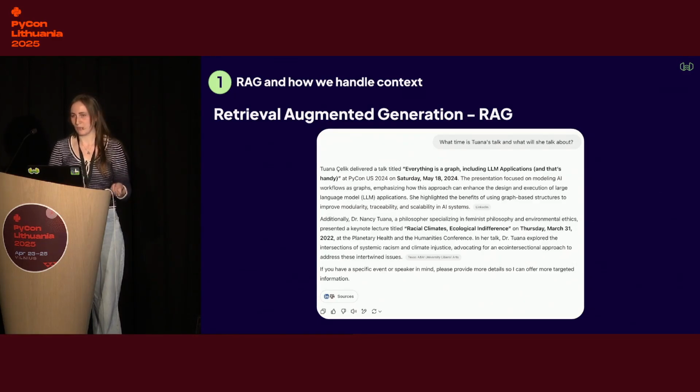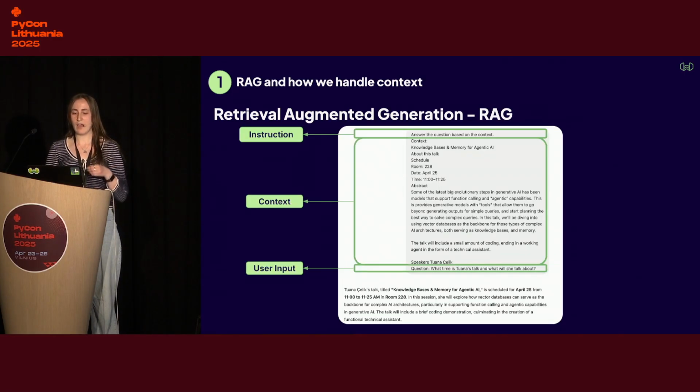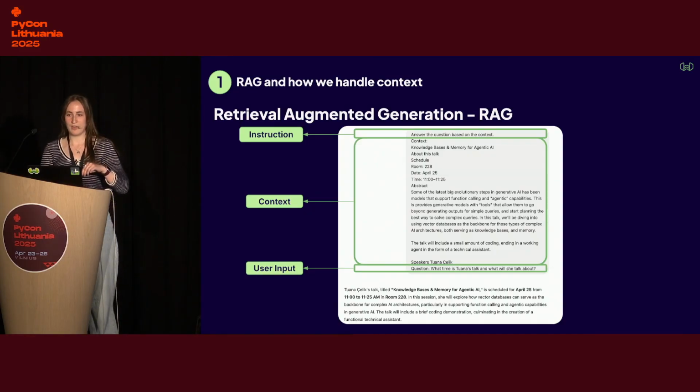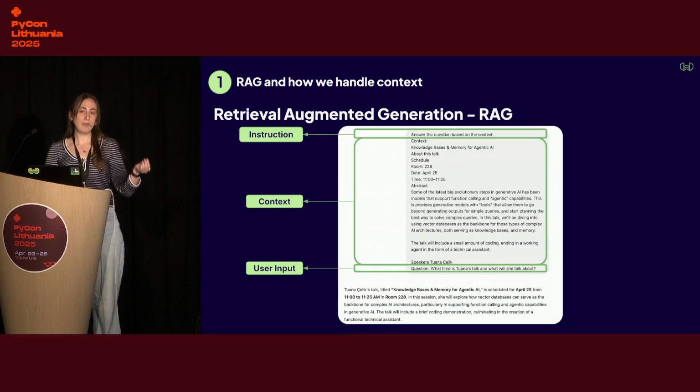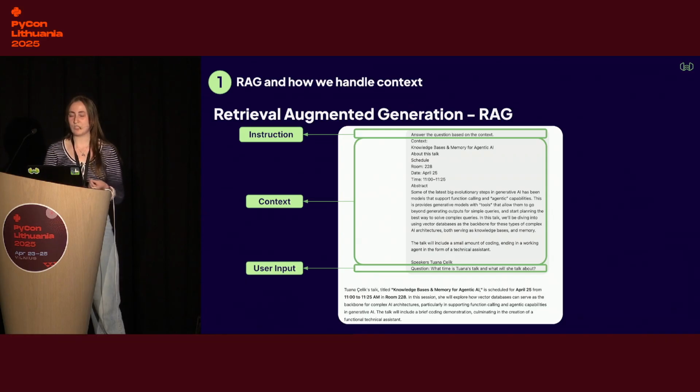We can't expect more. If I change the way I do this process, and here I've cheated because I've gone ahead and copy-pasted the PyCon Lithuania page on this talk, and I've augmented my prompt with not just my question as the user input, but this context and also an instruction. And it turns out when this model has the right context, which is trained to generate human language, it did produce the right answer.